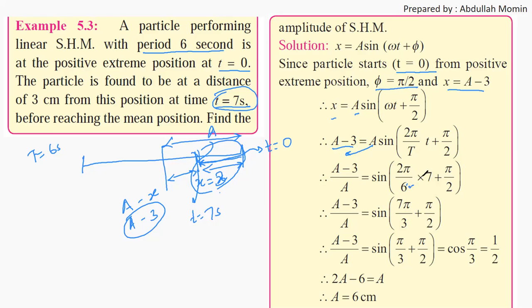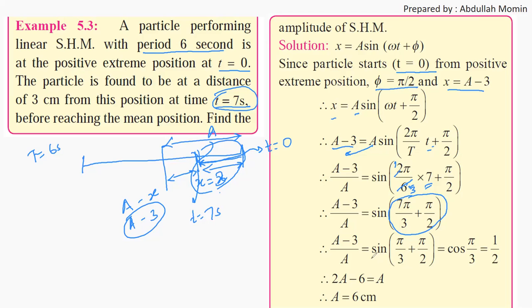The value of T is 6, and the time instant is 7. So we can write 2 ones are 2, 2 threes are 6. So 7 pi by 3 plus pi by 2, and this equation can be rewritten as sine(pi by 3 plus pi by 2).